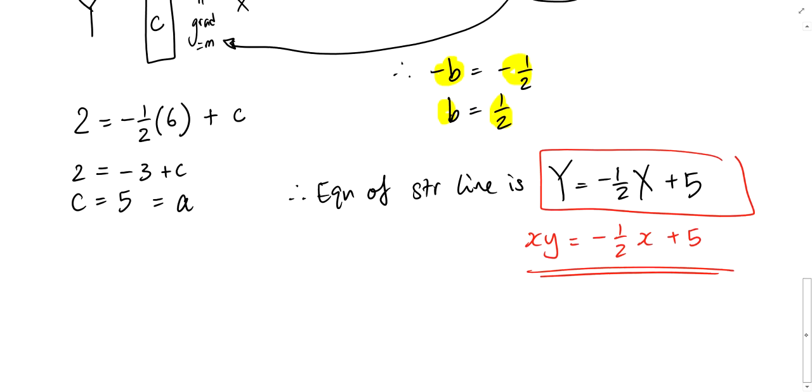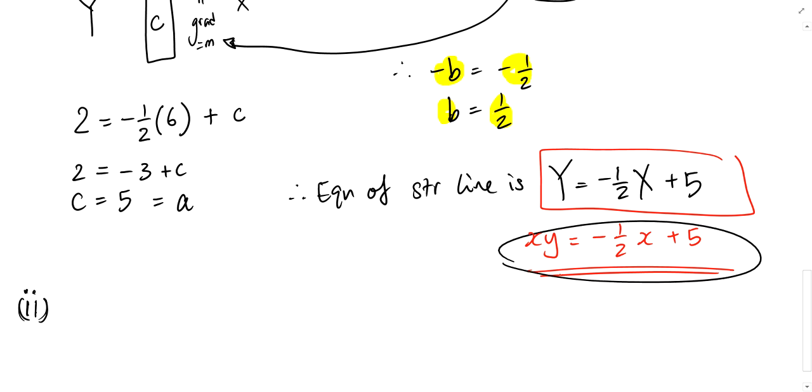Now part 2. Find the value of y when y equals to 6 over x. So for this, all we need to do is to just substitute. Substitute inside here. Okay? Find the value of y.